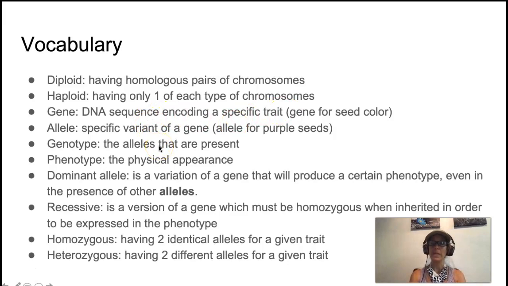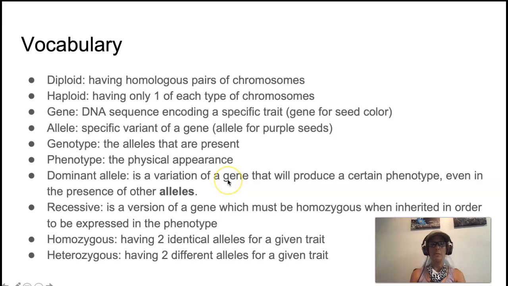We have both dominant and recessive alleles. A dominant allele is the one that will produce a particular characteristic that we can see even if other alleles are present. The recessive one is the one that has to be homozygous, having two identical alleles.